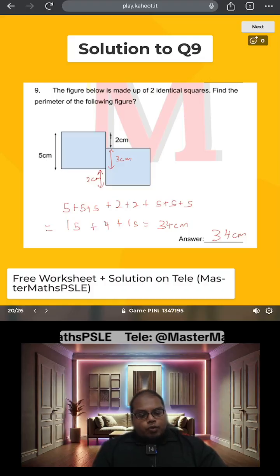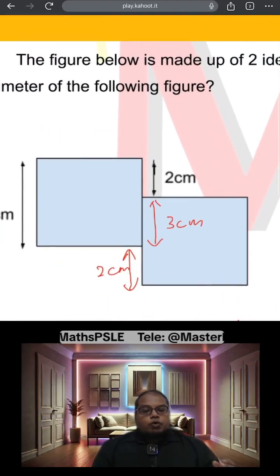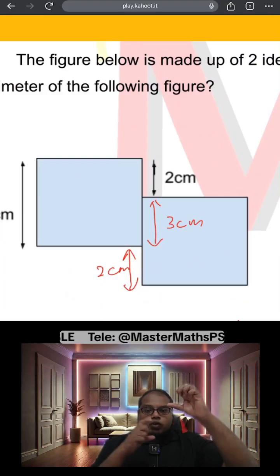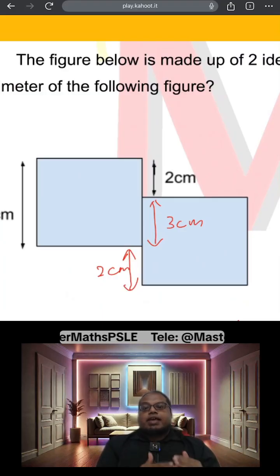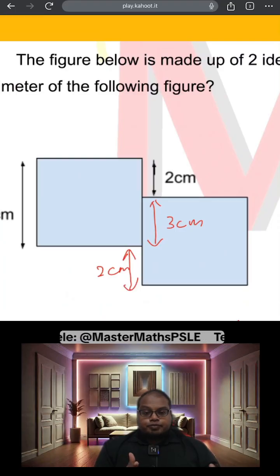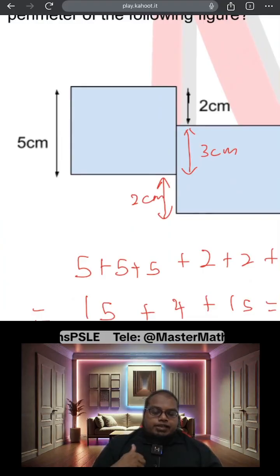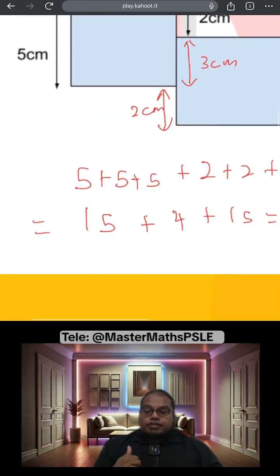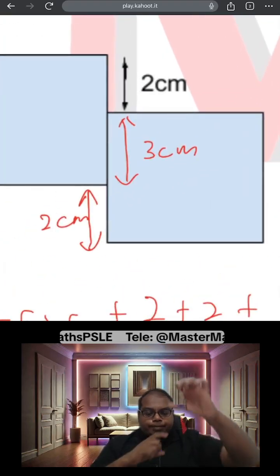So like what I was showing just now, this 2 cm. The outside is actually the 2 cm and the 2 cm. The 3 cm on the inside is the length on the inside. It's not part of the outline of this figure. Therefore, we got the 5 cm sides. That's why 5 plus 5 plus 5. And then in the center, we got the 2 cm and the 2 cm.